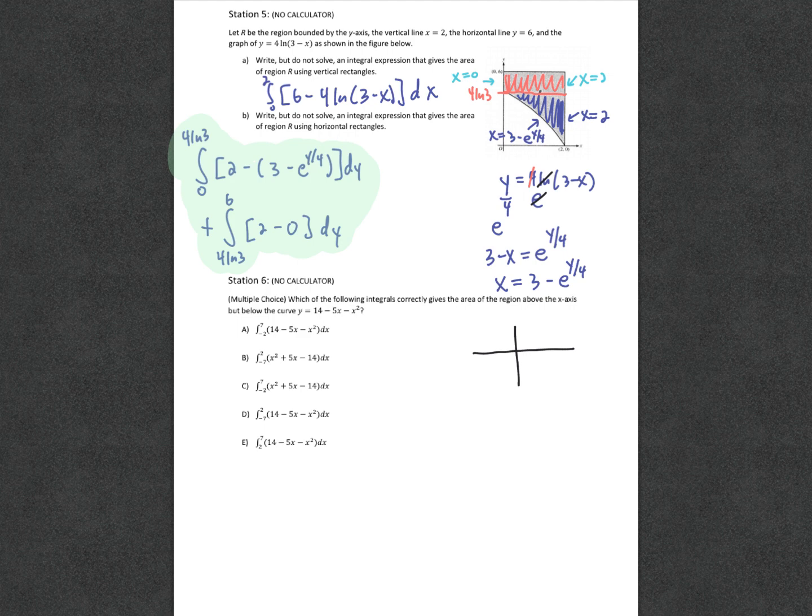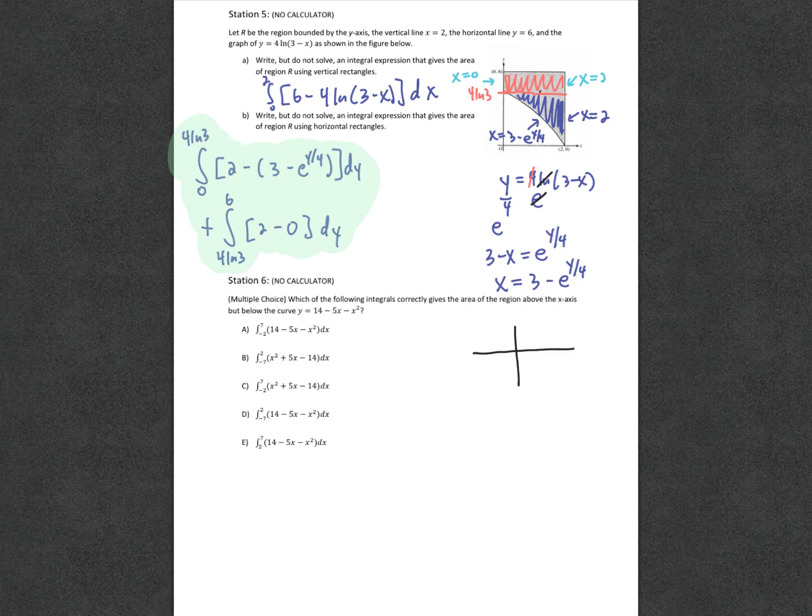We want the area that's bounded between the function and the x-axis, so we really want to find these x-intercepts, because the top half is going to hit those x-intercepts, and that'll be the bounds of our area, which will end up being the limits of our integral. So let's set this equal to 0 and solve for x to find the x-intercepts.